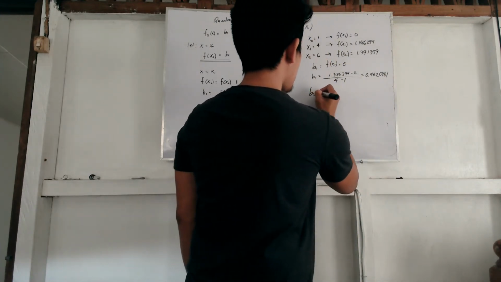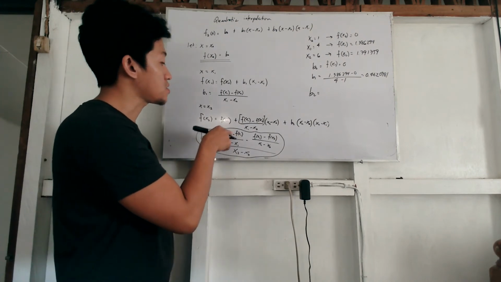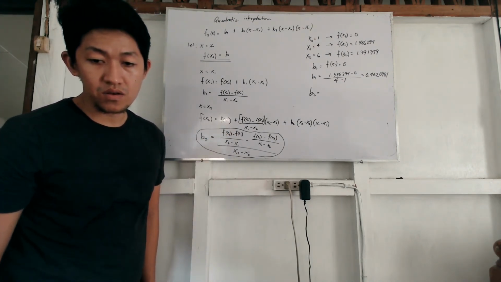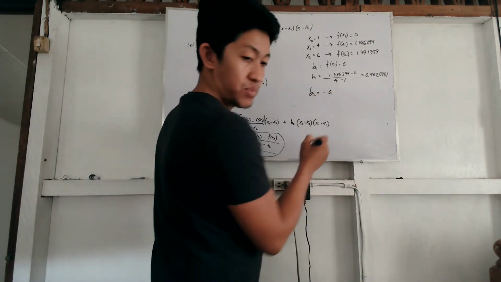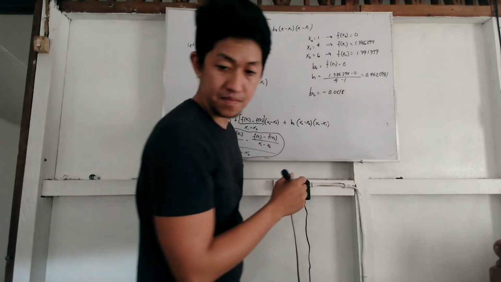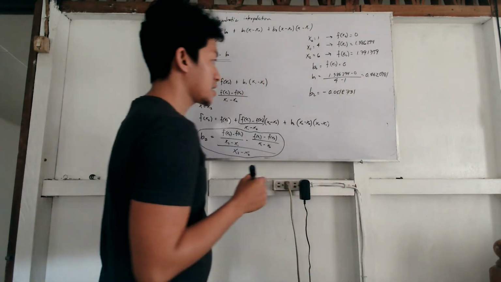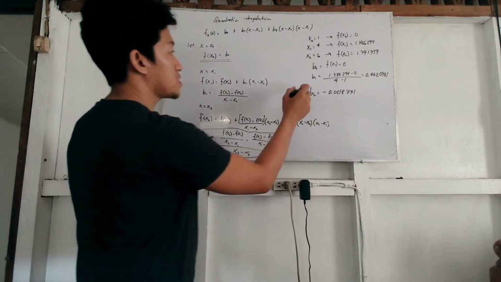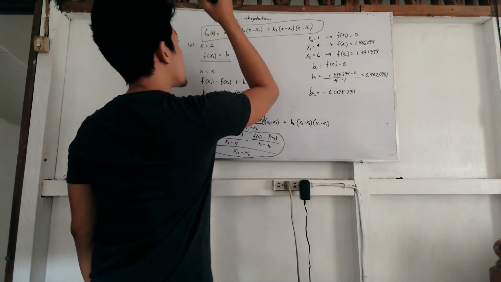Okay, and then b2, again we will plug in the values here. We'll arrive at a value of negative 0.0518731.